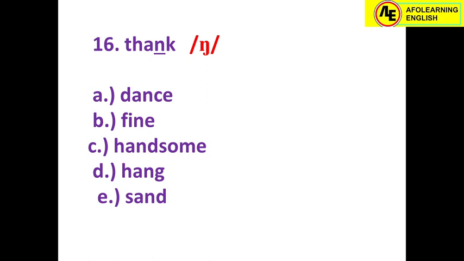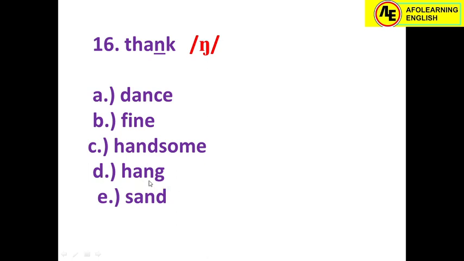When you have the letter N coming before letter K, the letter N changes to the nasal sound pronounced as ng, okay? And the sound is often represented by letters NK or NG, so take note of that. As you can see from the options, the correct answer here is option B, an.